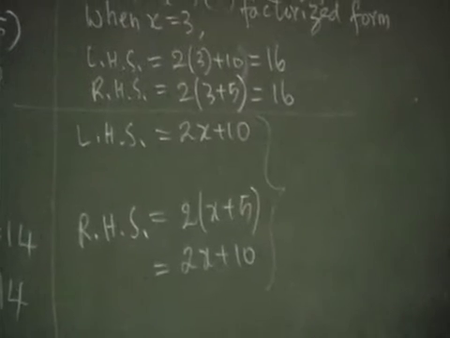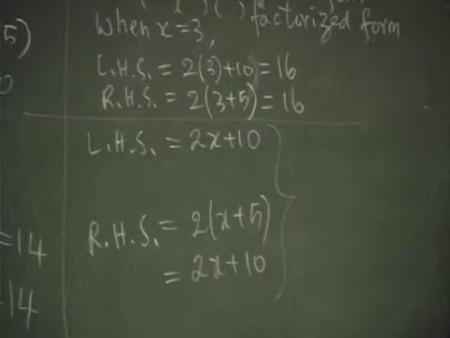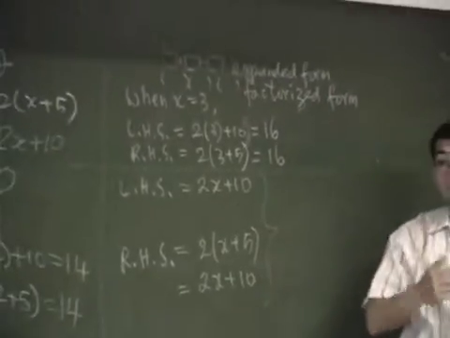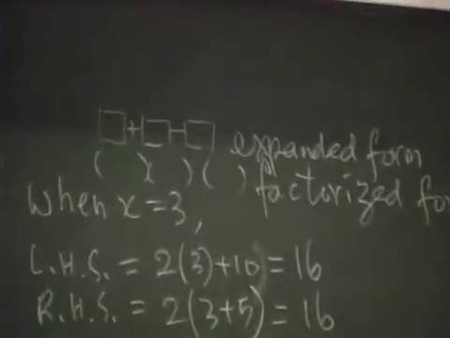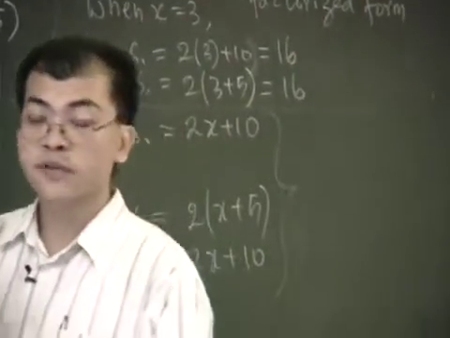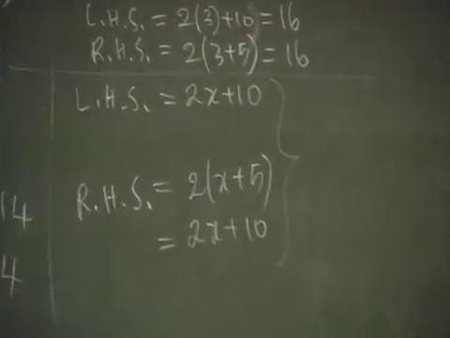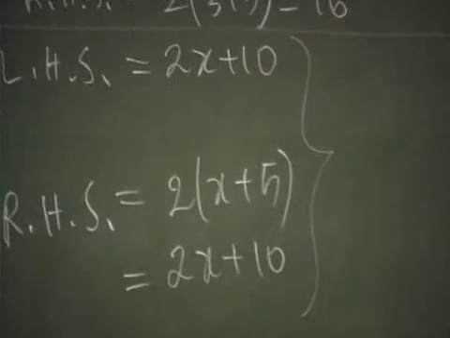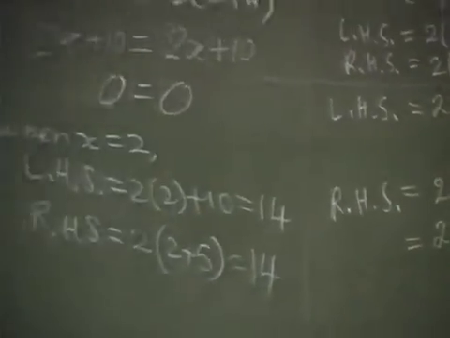We'll try to change left hand side or right hand side to be expanded form and then compare each term. When all the terms are the same, then we say that it is an identity. But if there are some different terms, then we will not say that it is identity. Then it will be a normal equation only.